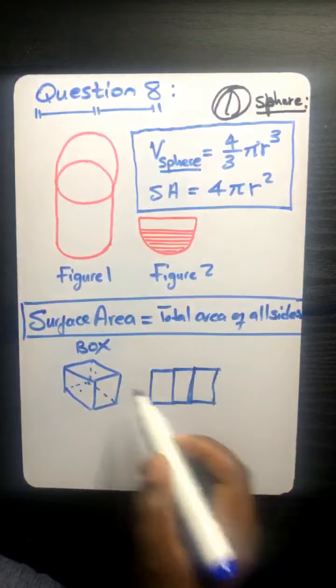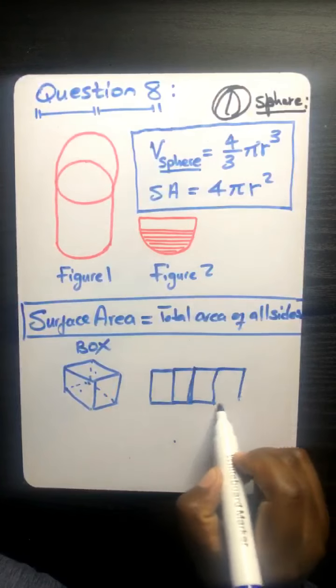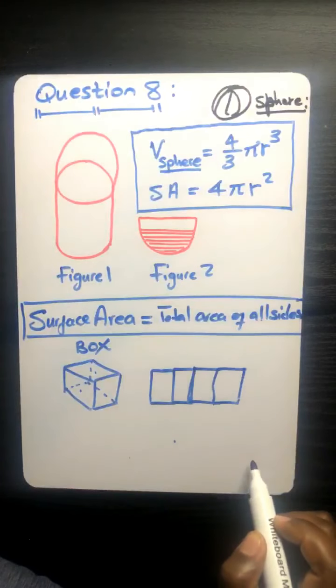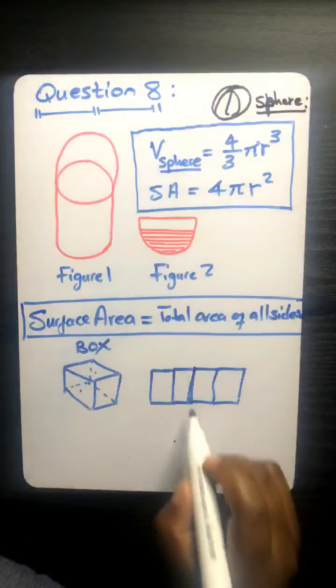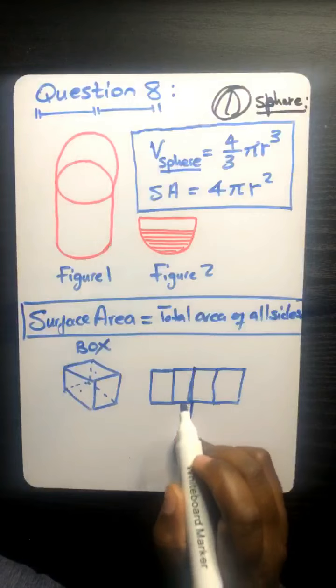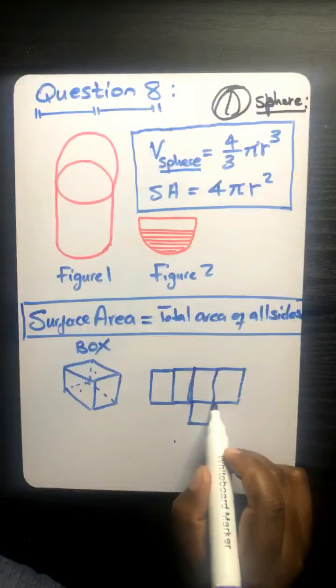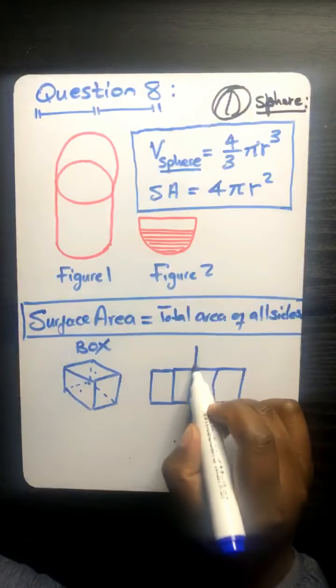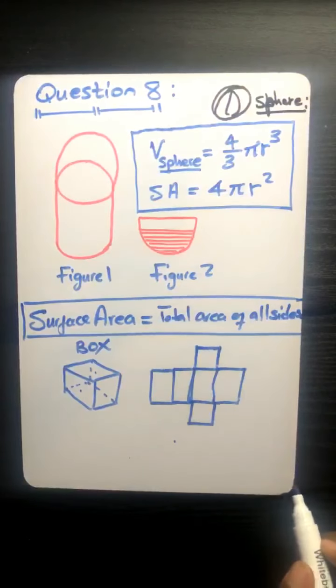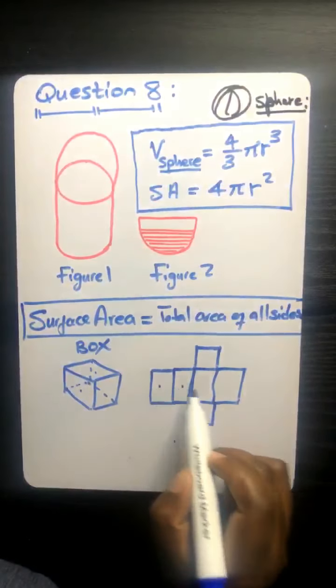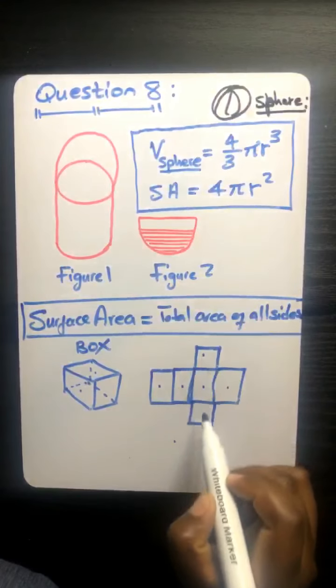The one on the side is that one. Then we still have the ones on the sides, which could be that one and again that one. So can you see we have 1, 2, 3, 4, 5, 6.